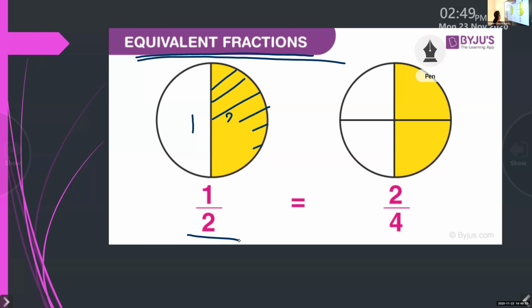The numerator is 1. Very good. And how many total parts? 2. And what is this 2 known as? Denominator. Very good.